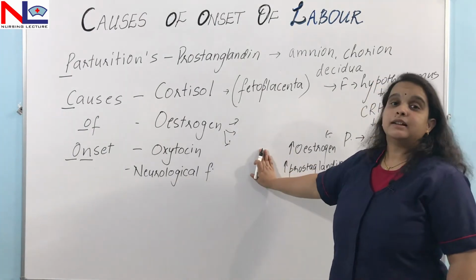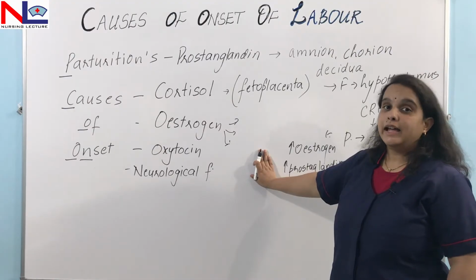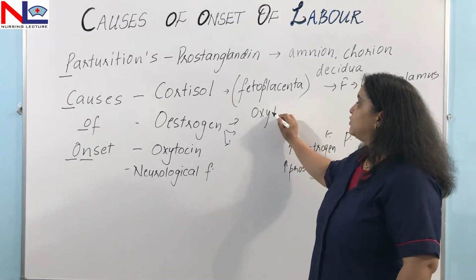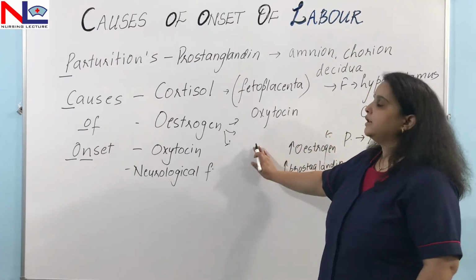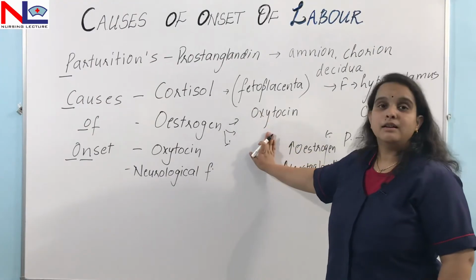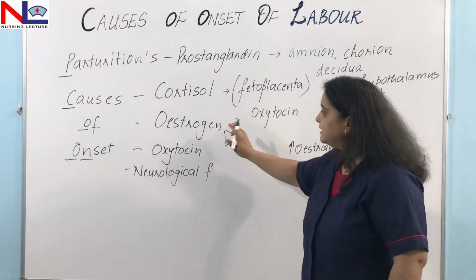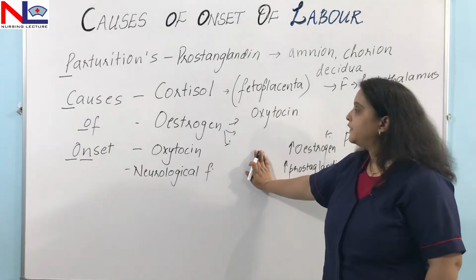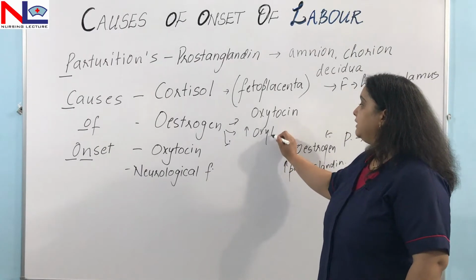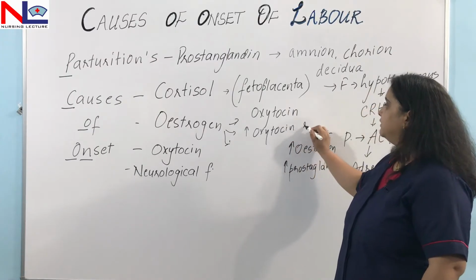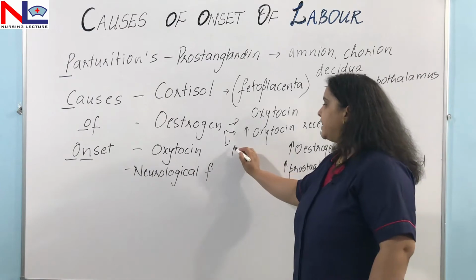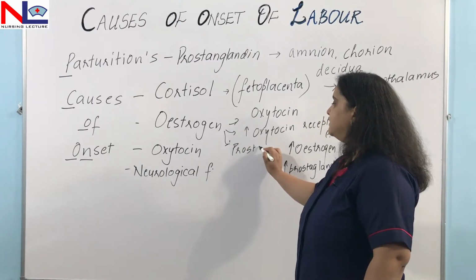How? This rise in estrogen level helps the maternal pituitary to release oxytocin. This estrogen helps to release maternal oxytocin, and this high amount of estrogen further increases oxytocin receptors in the myometrium, and also synthesizes prostaglandins.